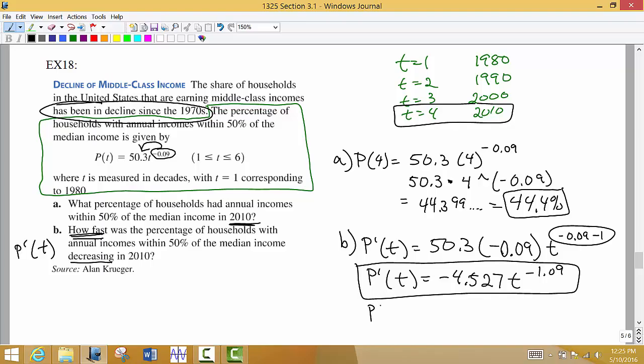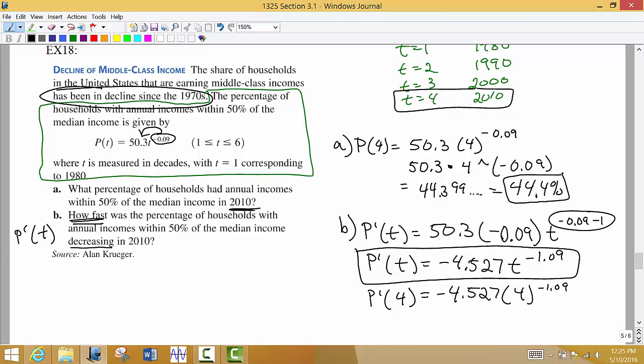What is the value that we're putting in as input? Well, we want to know about the year 2010, that decade, which corresponds to a t value of 4. So we're going to put that t value of 4 into our derivative and see what that actual rate of change is for 2010. Once again, you're going to do something similar up here.